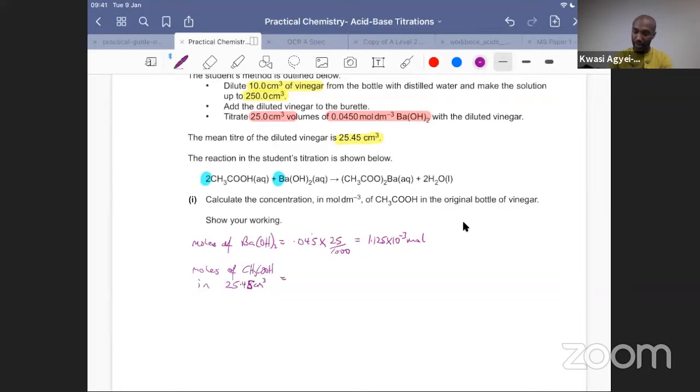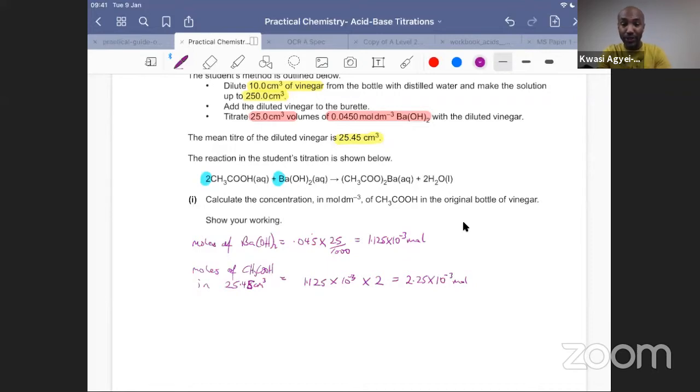So that would be this number here times 2. Let's write it out in full first: 1.125 times 10 to the minus 3, multiplied by 2, which would give us 2.25 times 10 to the minus 3. So we now know the moles of our ethanoic acid in 25.45 centimeters cubed.